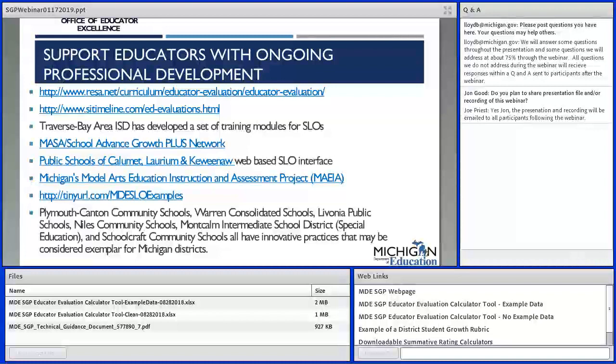For teachers of arts, the Maya project has developed some excellent assessments that can be used for measuring student growth. For those who are interested in looking at different Michigan SLO examples for measuring student growth with data that is local to the LEA, districts that have attended our workshops have provided some examples. And that last bullet point provides some districts that are doing excellent work with educator evaluations and are engaged in innovative practice that could be considered exemplar for Michigan districts.